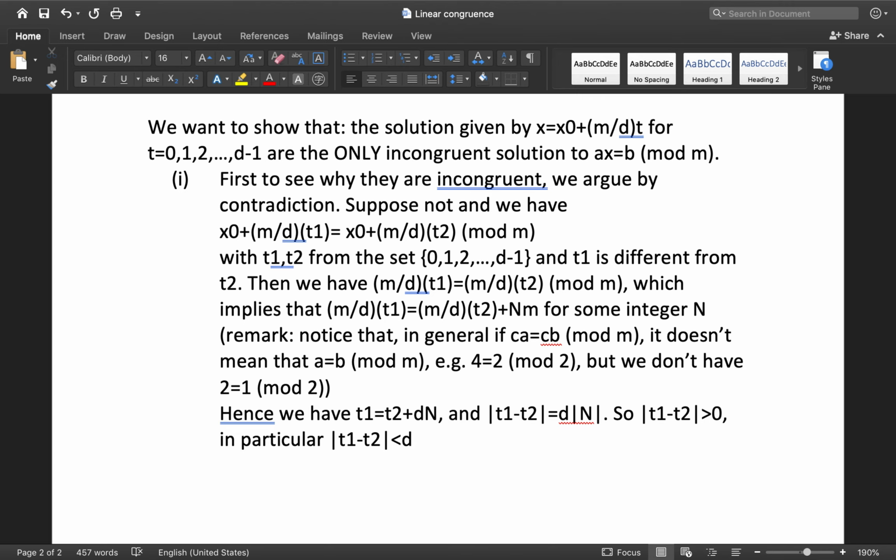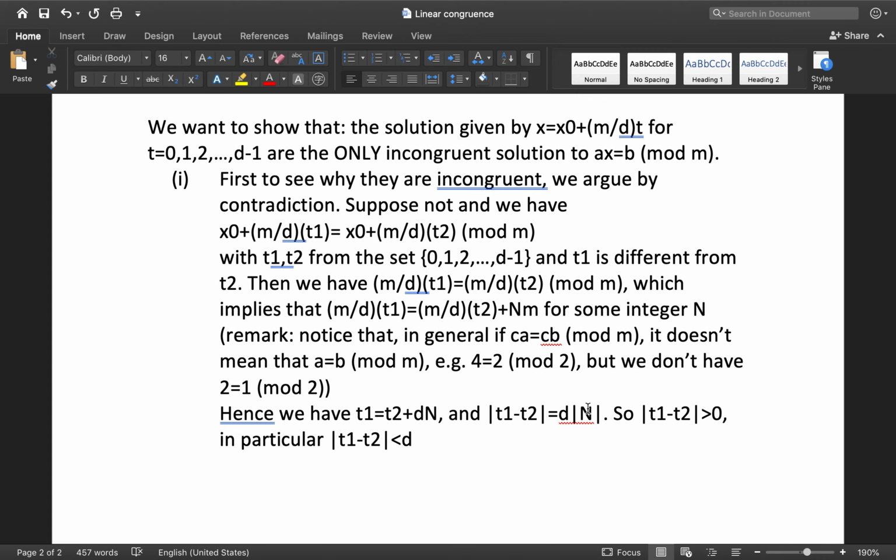But how could that be possible? Because now you see this number is less than d, right? But this number is equal to a multiple of d. The only possibility is this multiple must be 0, right? Because remember, this is an integer.